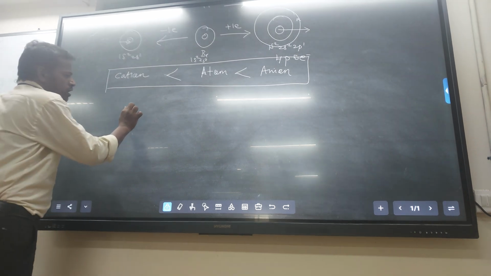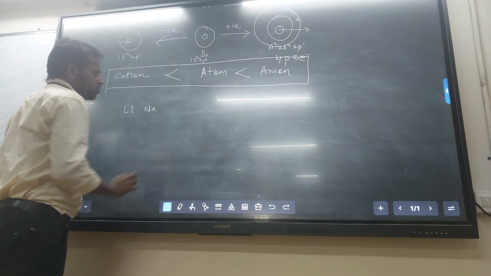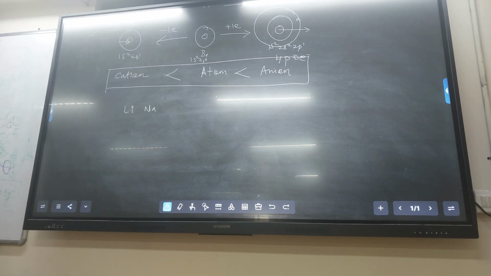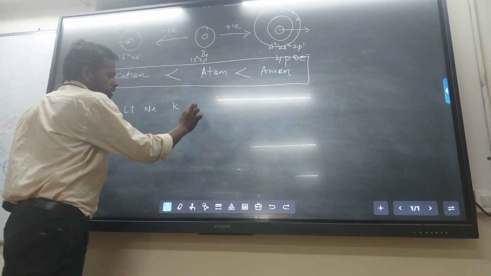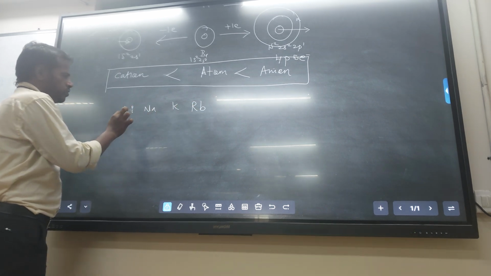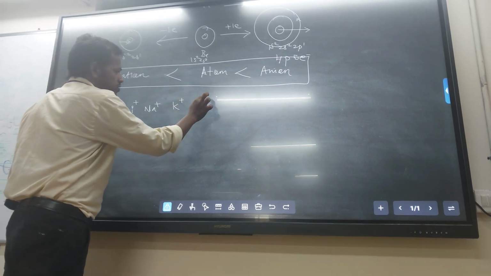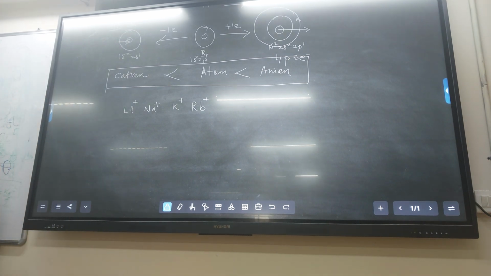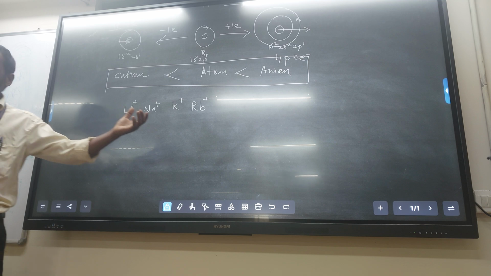For example, lithium, sodium, potassium and rubidium, with a plus charge. Which one has the maximum radius?